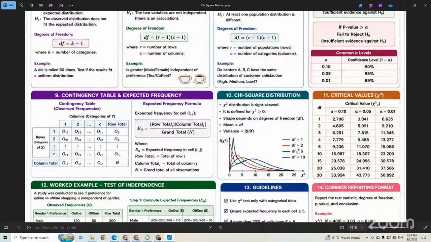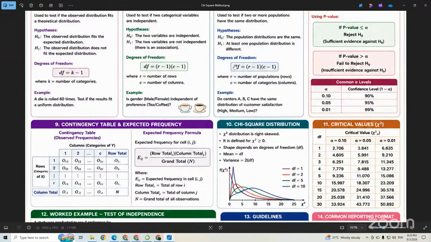You can see DF. What is DF? See here, degrees of freedom. Here the degrees of freedom will be calculated as (R minus 1) times (C minus 1). R means the number of rows, and C means the number of columns.